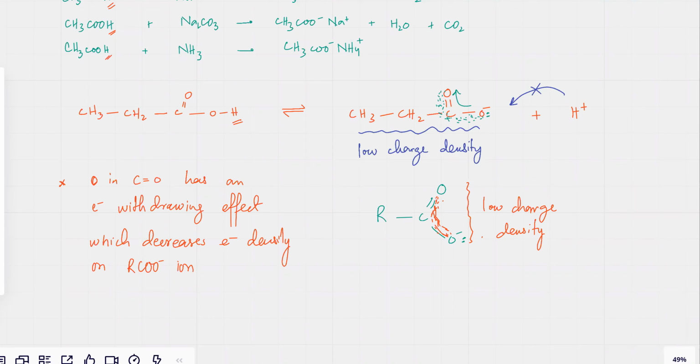You get this ion over here, the electron density is lesser now. So it decreases electron density on the RCOO minus 1 ion, and because of that, the ion becomes stable. And it no longer will attract the H+1 that strongly.